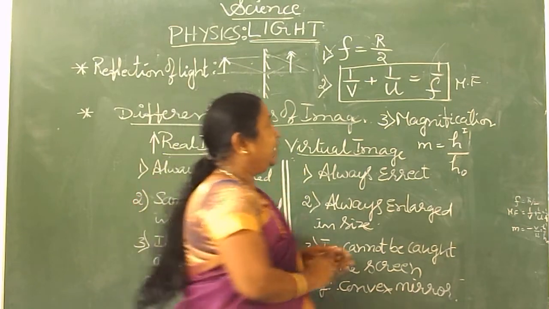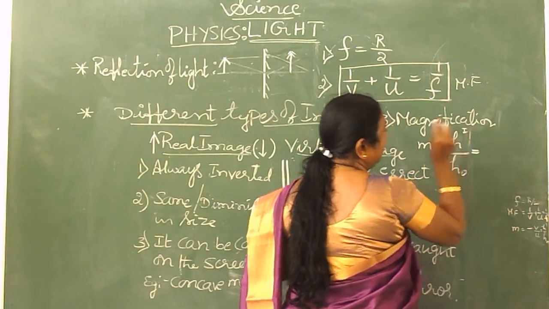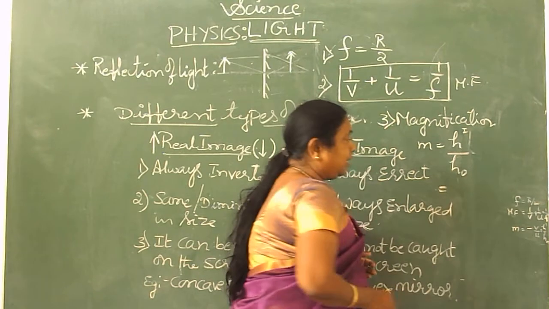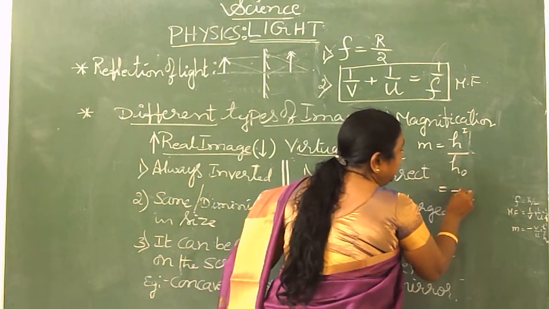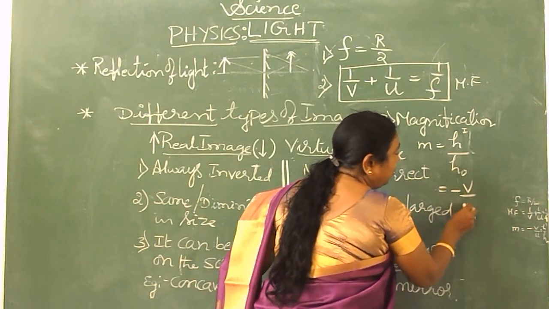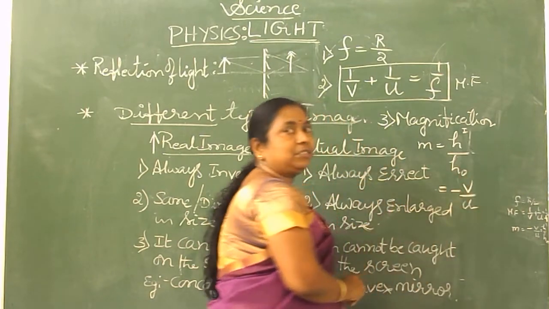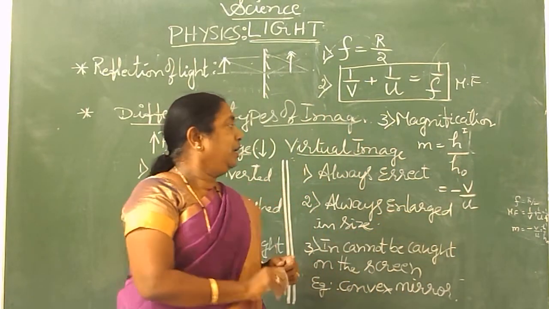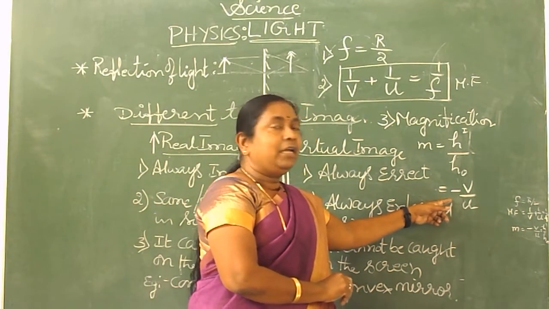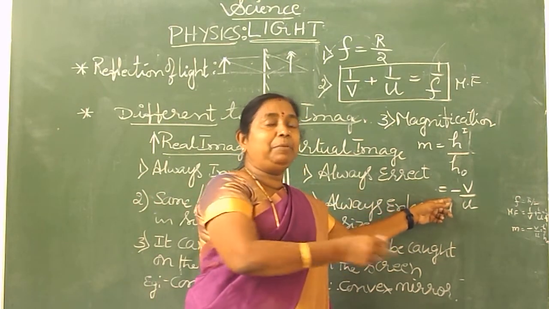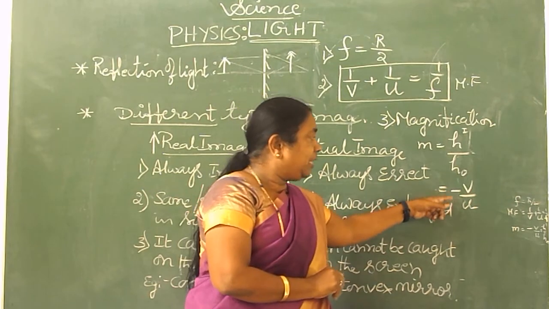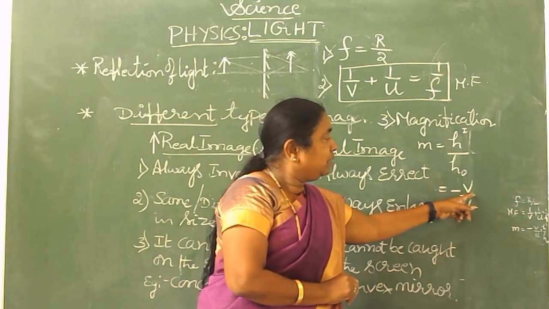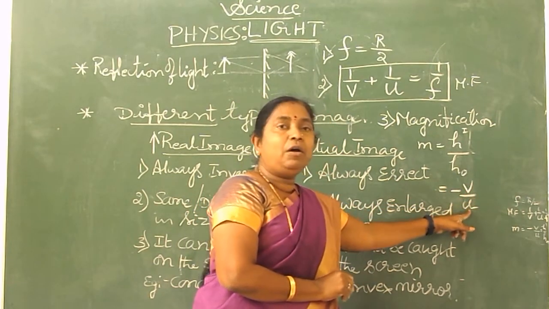Then you can easily find out how many times it has been increased in size compared to seeing with the naked eye. It can also be equated with the negative sign of the image distance and the object distance. Why have we taken the negative? You all know that in spherical mirrors the images generally form behind the mirror. Hence we use the ratio of minus image distance to object distance.